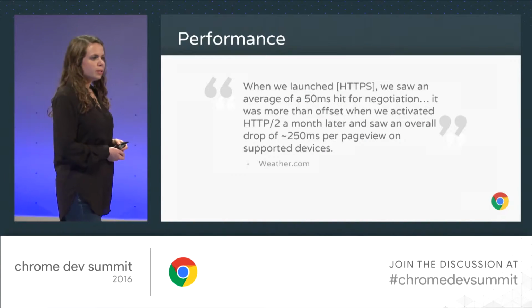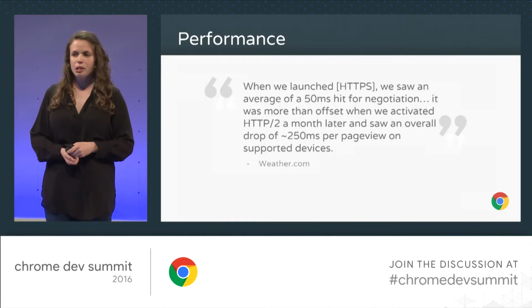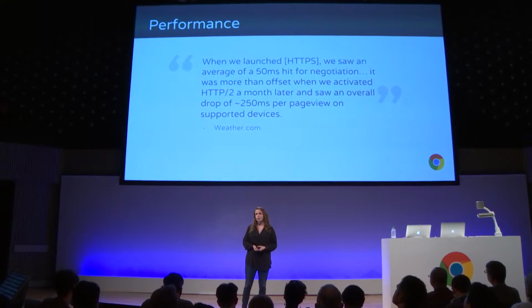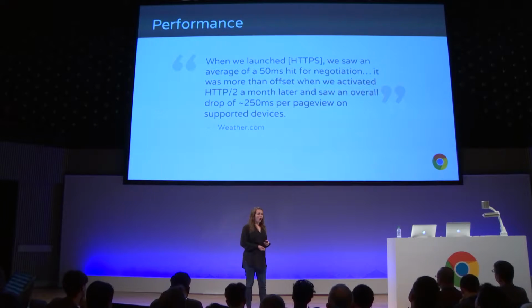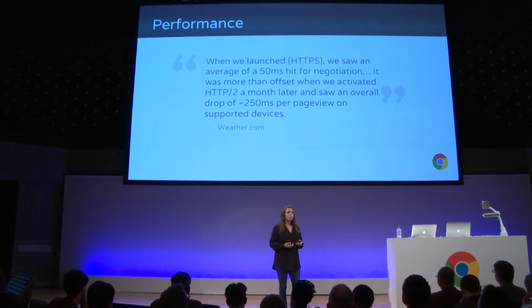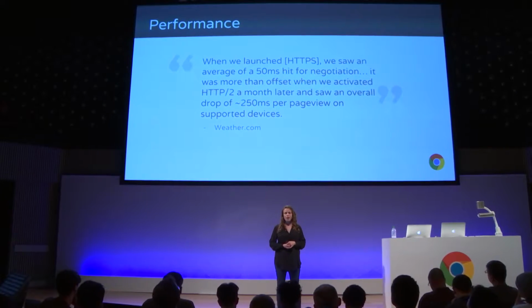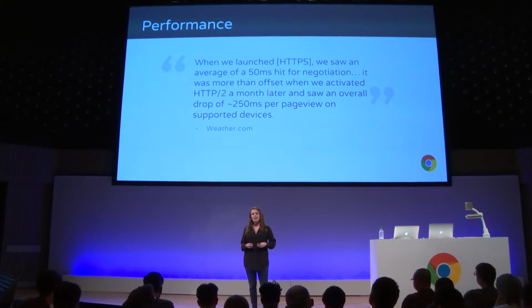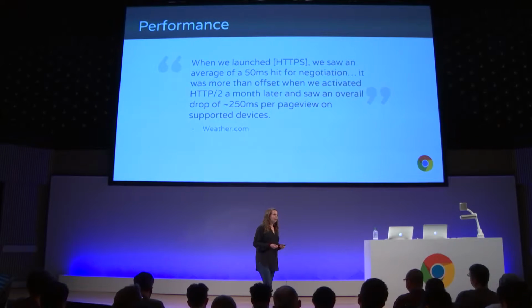I want to draw particular attention to HTTP 2, which is the next version of HTTP, and offers a whole suite of web performance improvements. But it is critical in this talk because HTTP 2 is only available if you're also using HTTPS.